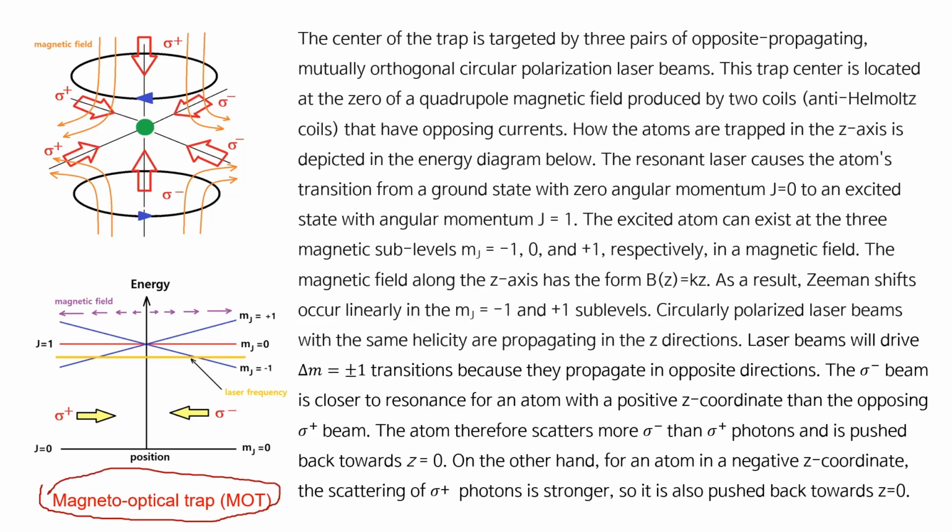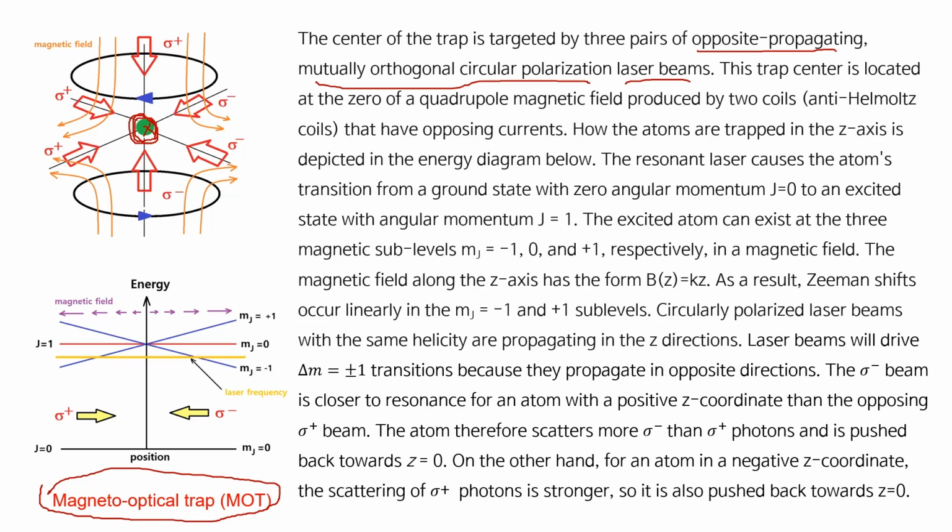The center of the trap is targeted by three pairs of oppositely propagating, mutually orthogonal circularly polarized laser beams. So this position is the target of the atom trap, and we have three pairs of mutually orthogonal circularly polarized laser beams.